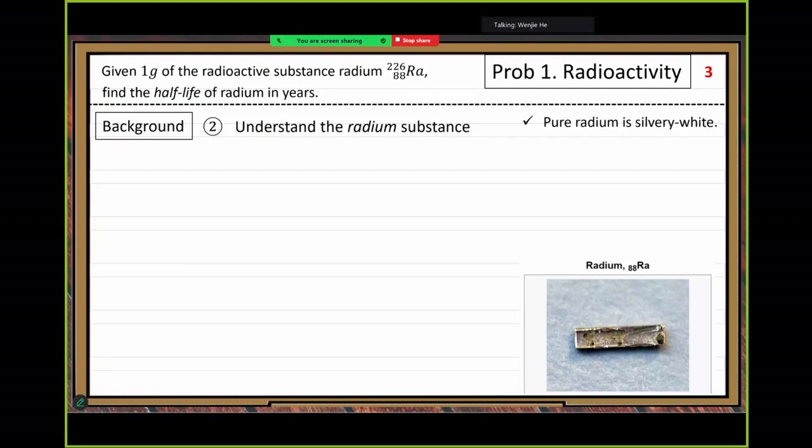Its atomic number is 88, meaning in its core the atom has 88 protons.